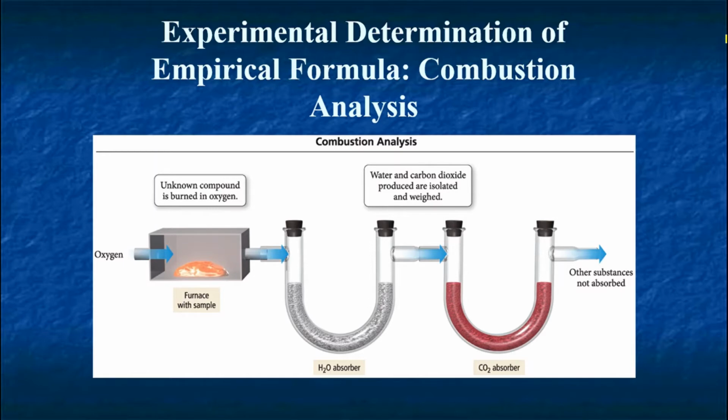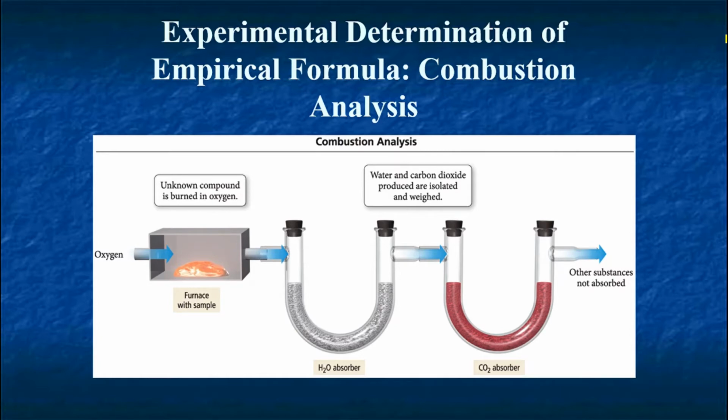In the same way, we have a pre-weighed amount of the carbon dioxide absorber. And so the difference between after and before combustion gives us the amount of carbon dioxide that was produced.